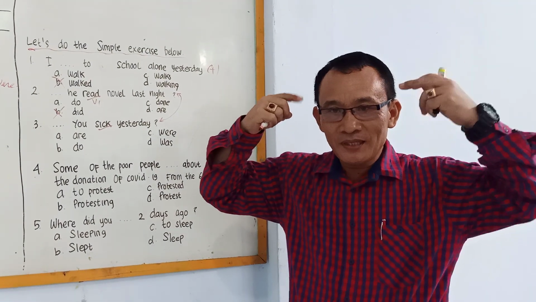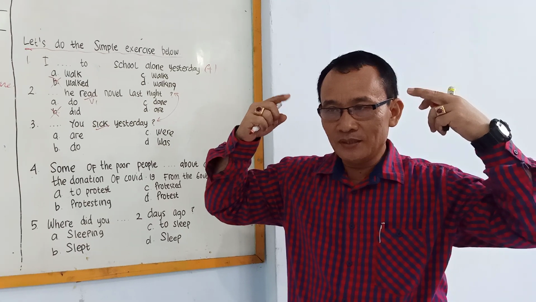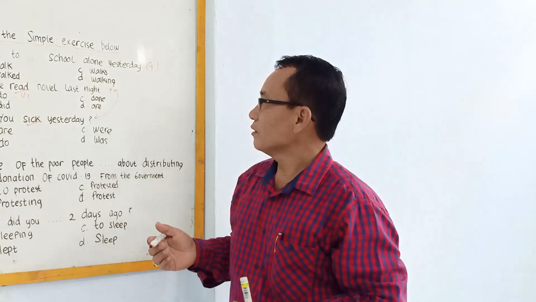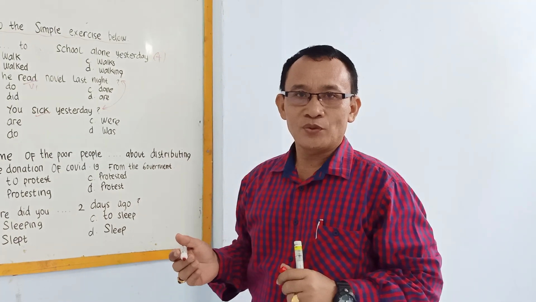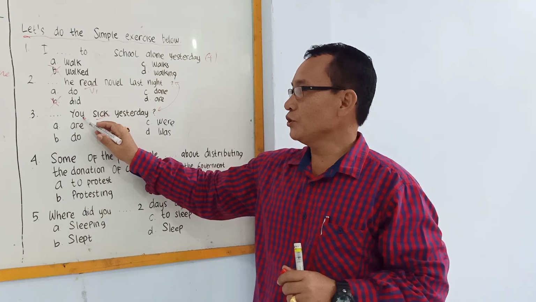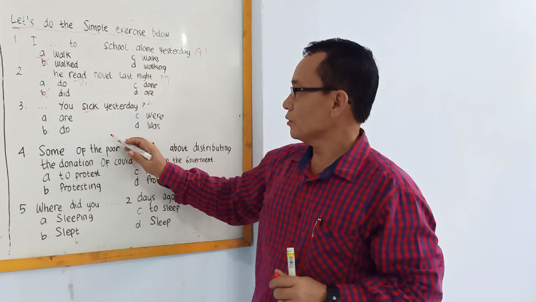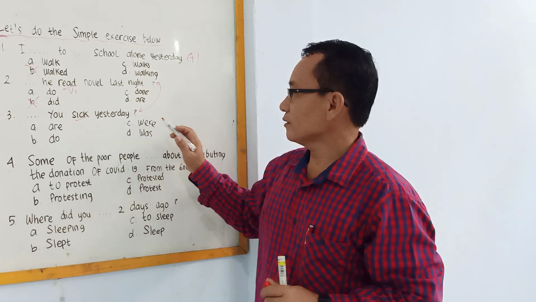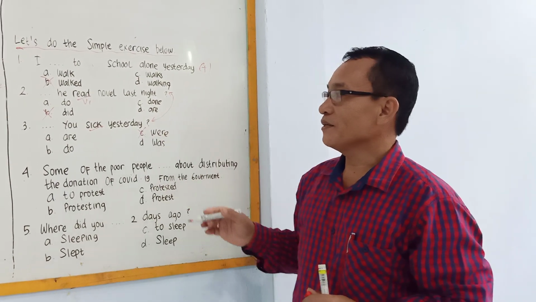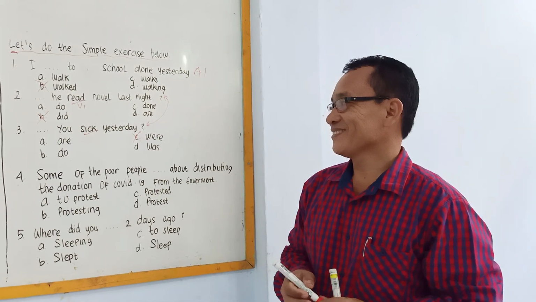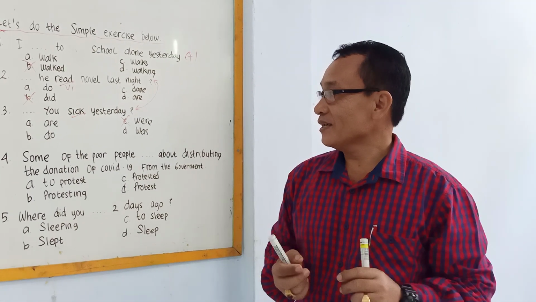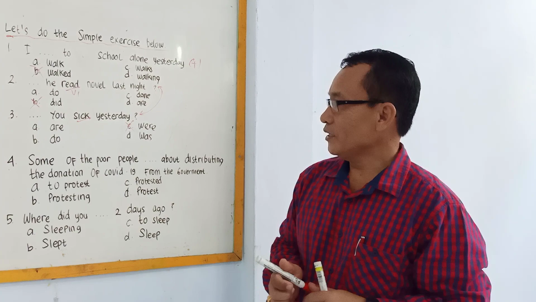So you must remember it is a nominal sentence. So you must use be, was or were. What's the subject? You. Yes, that's right. Were you sick yesterday? Okay, thank you.